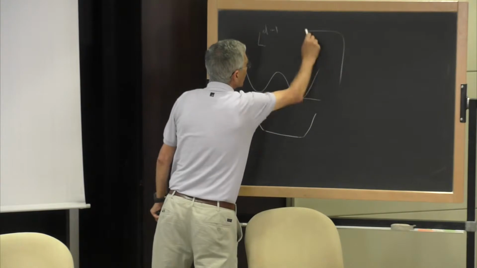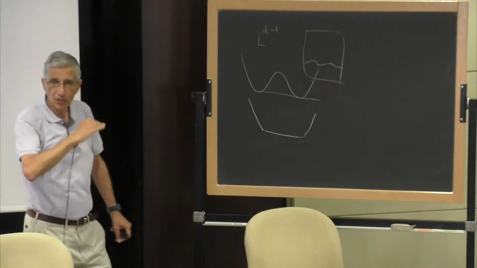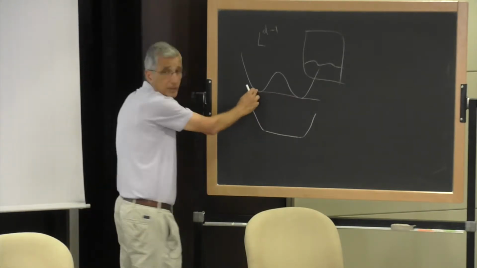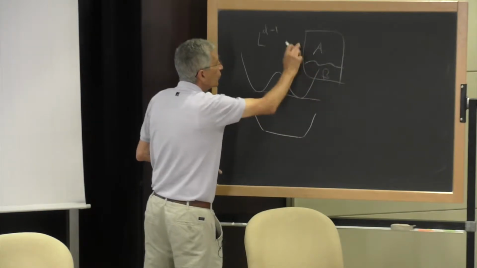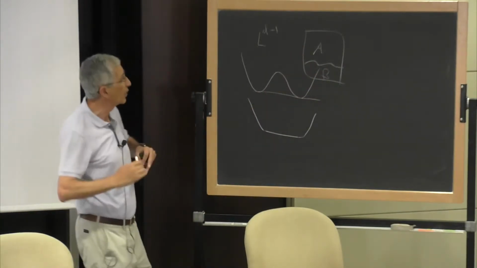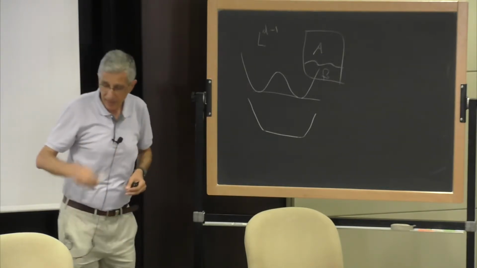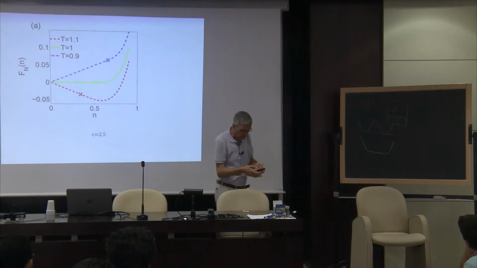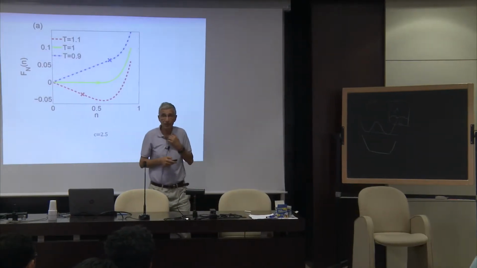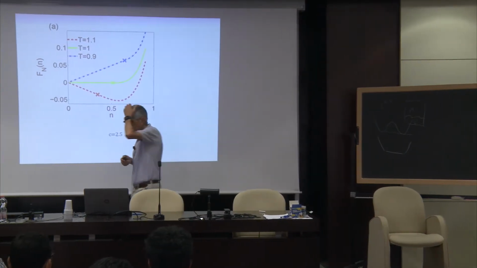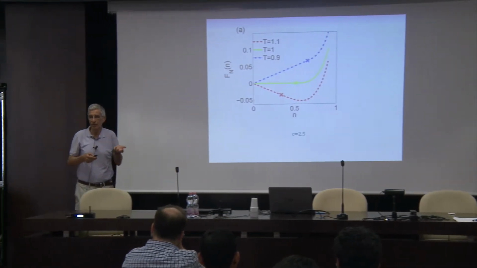Because in order to go from one state to another, suppose you have two states, A and B, you create a domain wall, and once the domain wall is there, you can just shift it and you go from A to B. Now the free energy price to pay for a domain wall is L to the d minus 1, all right? Here d is 1, so basically you pay a logarithmic price.